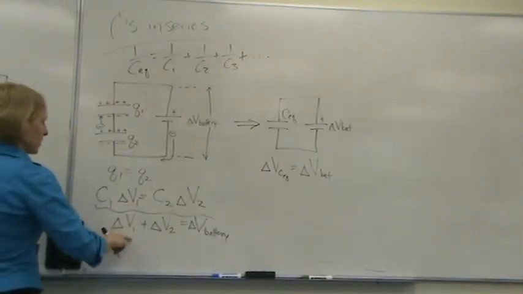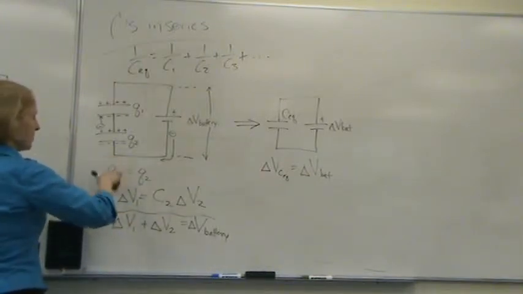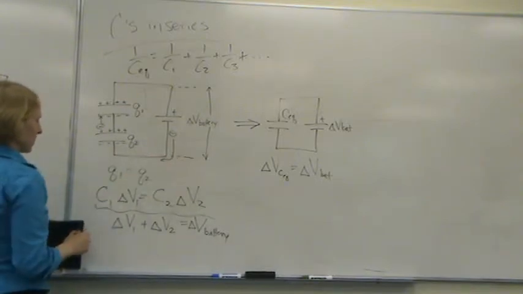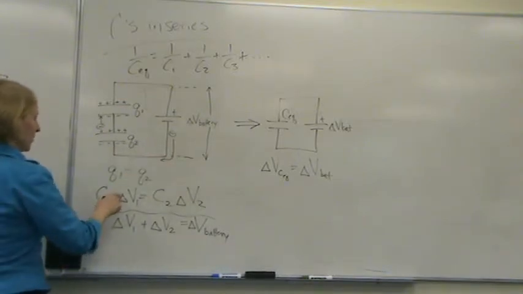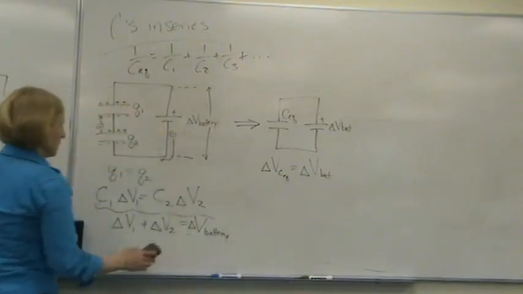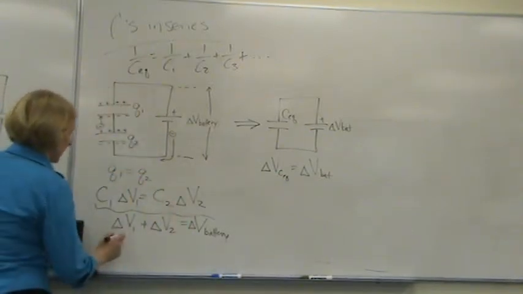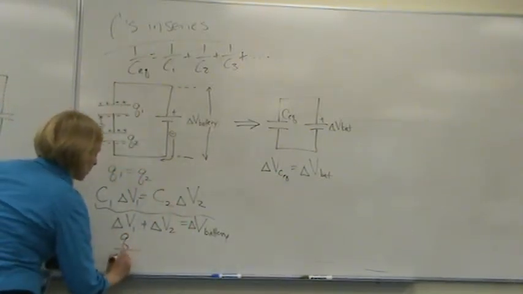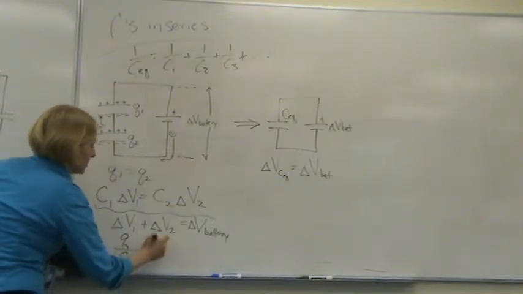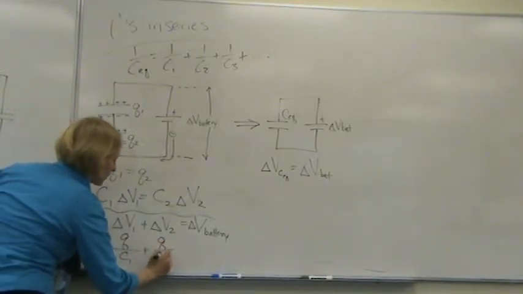Rearranging all this, delta V1 is the same thing as Q over C1, and delta V2 is the same as Q over C2.